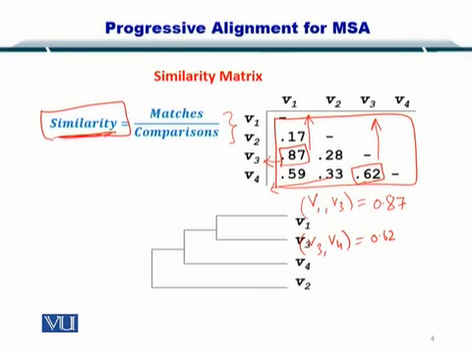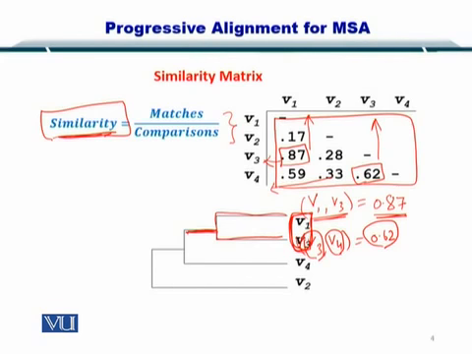Now you want to create a guide tree, and you can see that V1 and V3, which had the most similarity, are present on the same branch. Next, V3 and V4 had a score of 0.62, which meant that they were slightly less similar to V1 and V3.